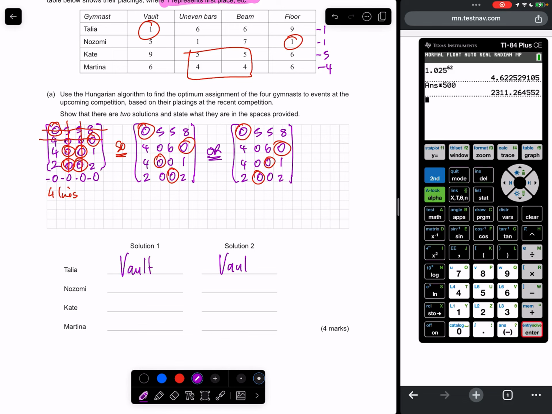Nozomi is always doing floor. But Kate can do uneven bars if Martina does the beam, or Kate can do the beam if Martina is doing the uneven bars.